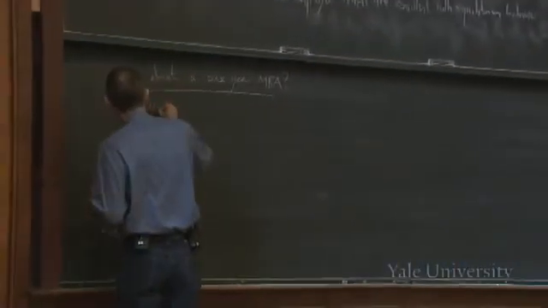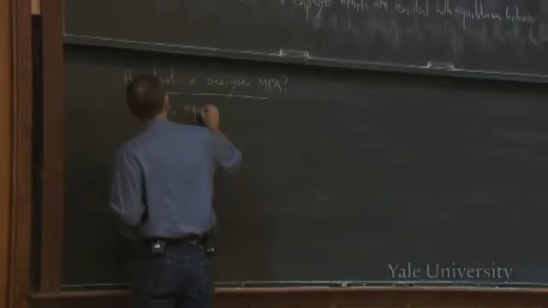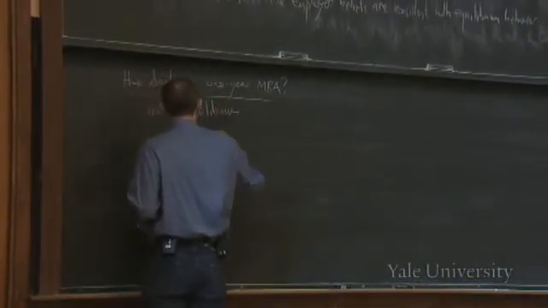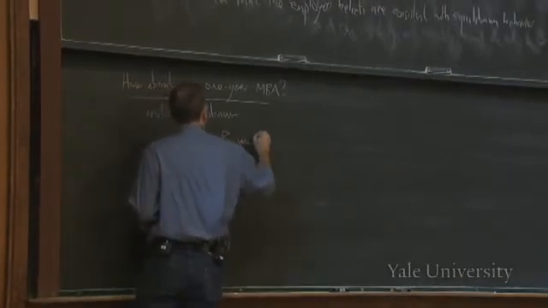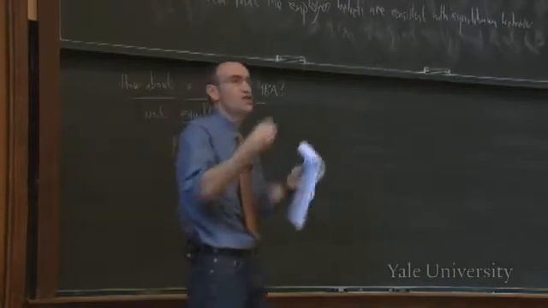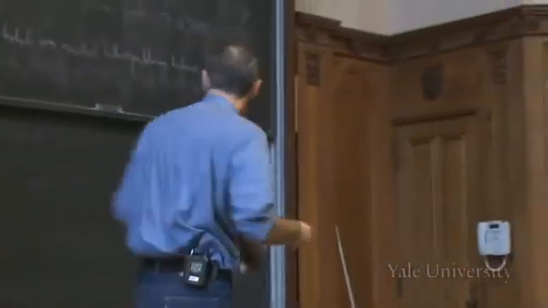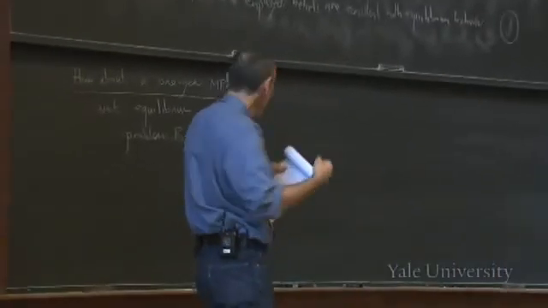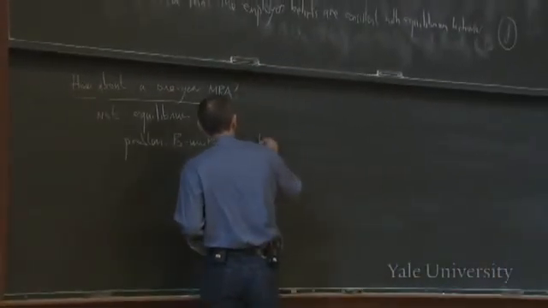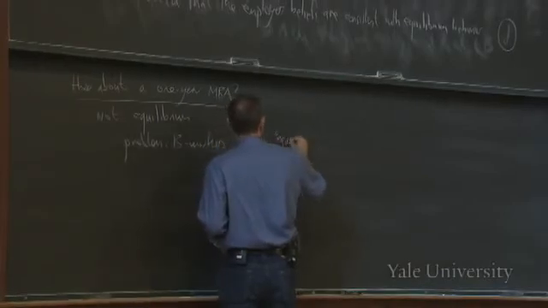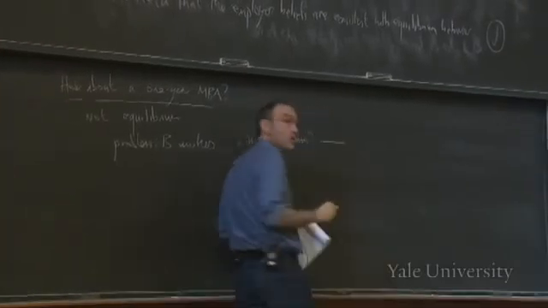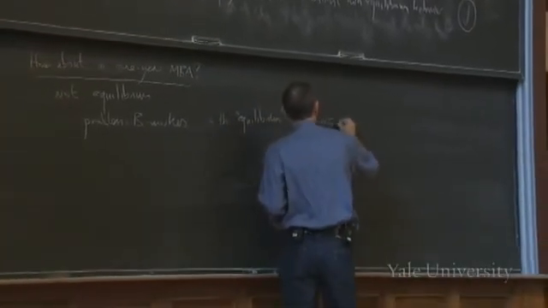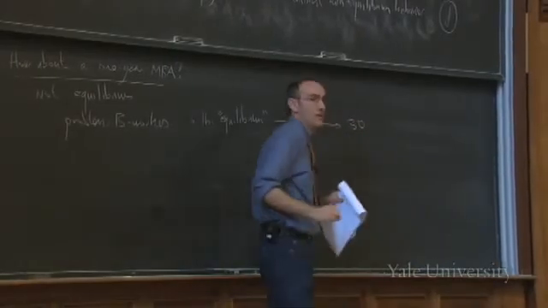The problem here, right, this is not an equilibrium. It's not an equilibrium, and the problem is the bad workers. The bad workers' incentives are wrong here. Why? Because if the bad workers do what they're supposed to do in this supposed equilibrium, what they're supposed to do is not get an MBA and get a payoff of 30.